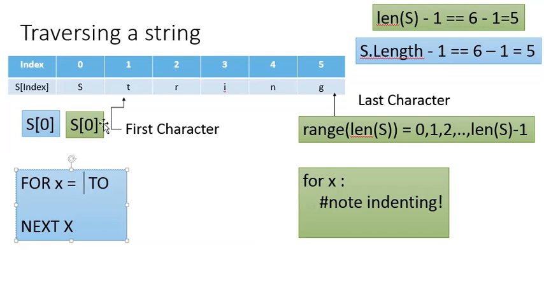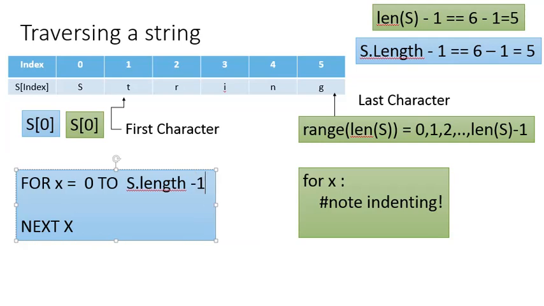I want to start at my first index position, which is always going to be 0, and then I want to go up to the last index character, which in this case is 5. But in general, it will be s.length minus 1. Why minus 1?